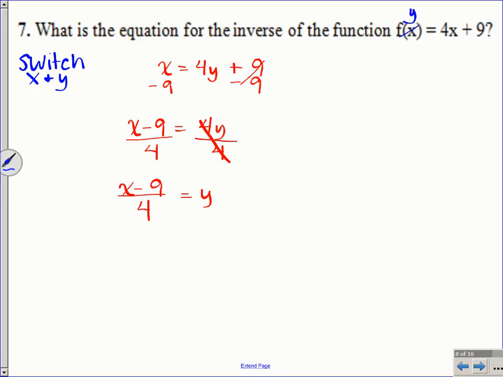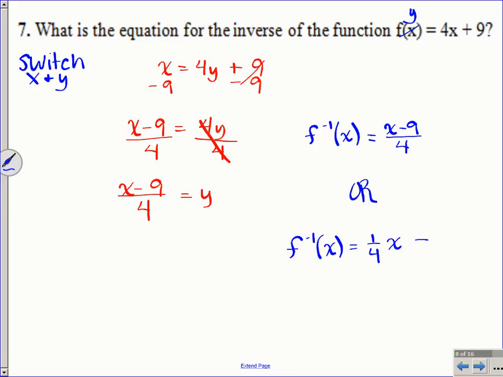And since it's an inverse, I'm going to write it as f inverse of x equals x minus 9 divided by 4. Or you can split up that denominator so that you're in slope-intercept form, and you would have 1/4 x minus 9/4. Okay? Either of those two answers will work.